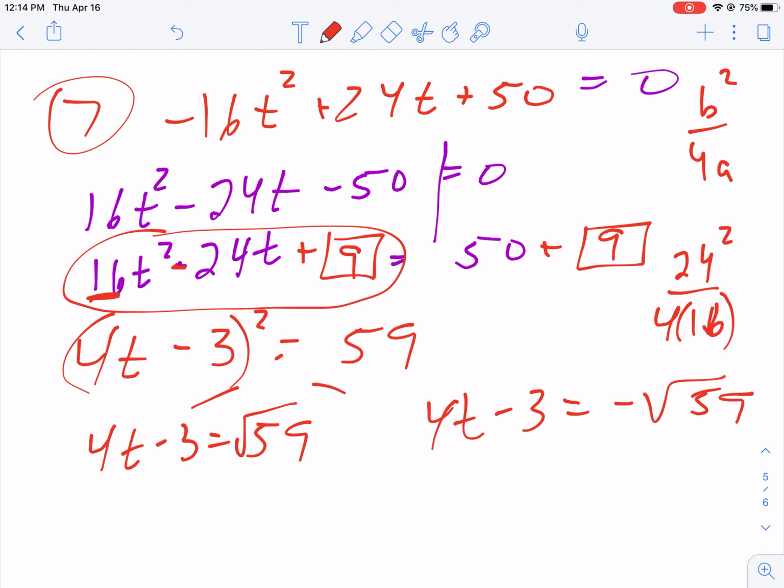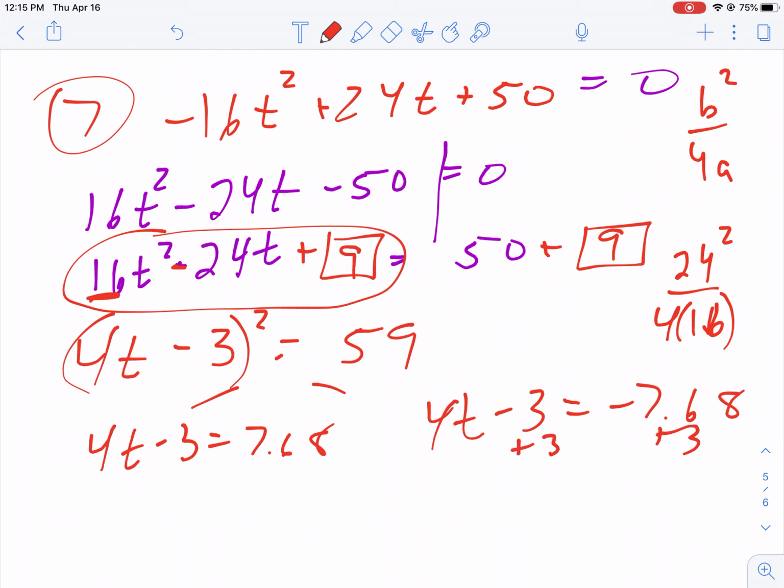I think they want you to actually find the real answer since they're dealing with a number. So the square root of 59 is 7.68. So we'll go to a positive 7.68, and this will be a negative 7.68.